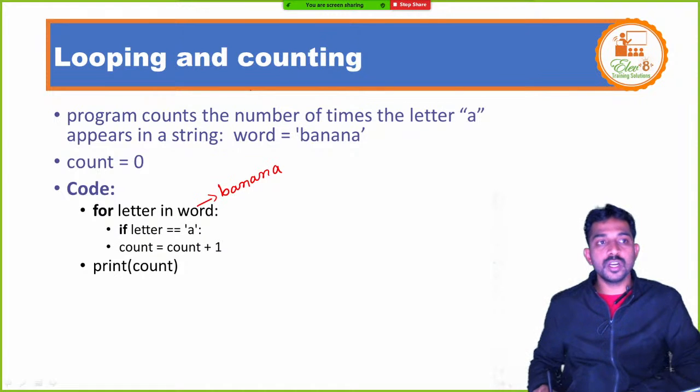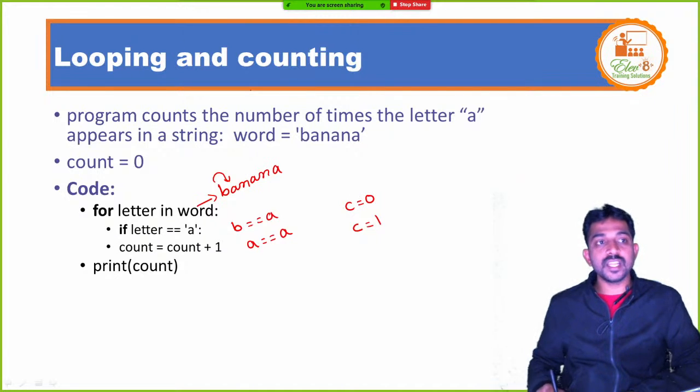B equal to A? Condition false. When the condition fails, it comes back here. The next time the letter goes to the next letter, A. A equal to A, yes, condition true. The count value goes to 1, because the count value is initially 0.